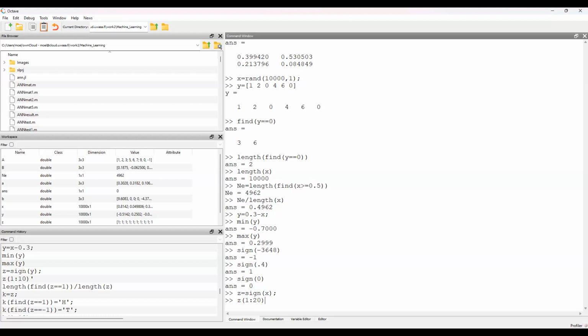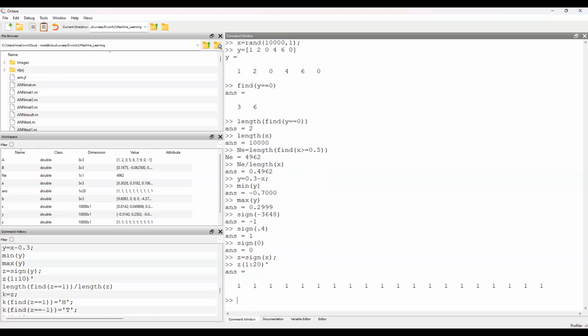I will take the transpose to show them as a row. You can see now the 20 elements of Z, all of them were 1. Sorry, Z should not be sign of X, it will be sign of Y, because all X is greater than 0, so the sign of X will always be 1.